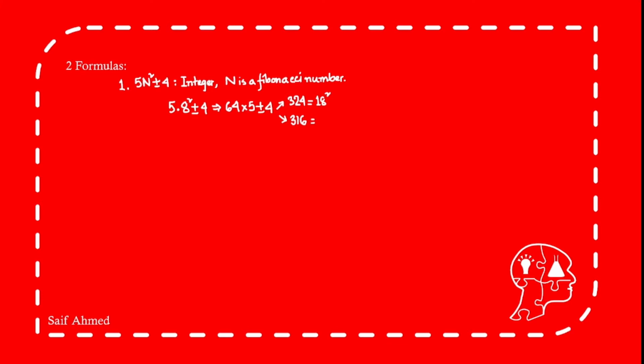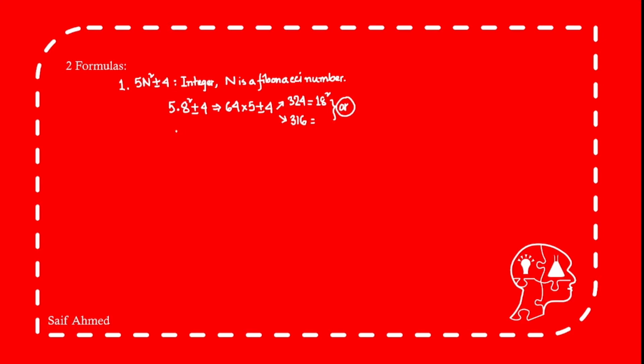So for the nth term, if 5n² ± 4 is a perfect square, then n will be a Fibonacci number. But just as an alert, the plus or minus here denotes an OR.